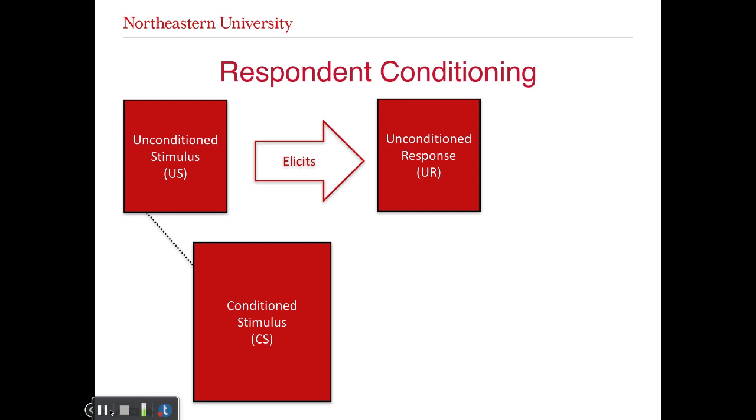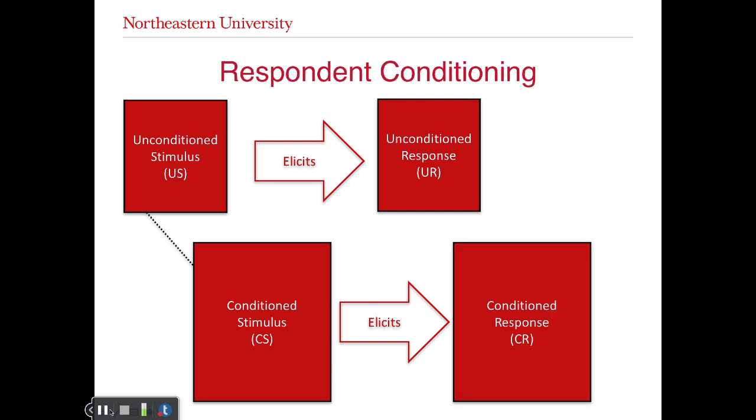Once it's a conditioned stimulus, we know it's a conditioned stimulus because it comes to elicit the conditioned response. Importantly, in most classical explanations of respondent conditioning, which is also known as classical conditioning, the unconditioned response and the conditioned response are the same. In some of your readings, or in one of your readings at least, you'll talk about situations where this may not be the case.